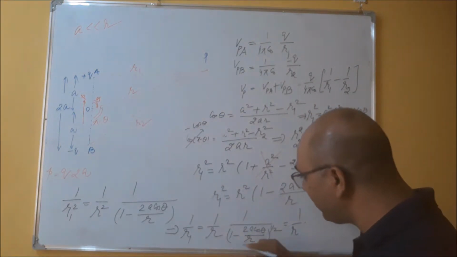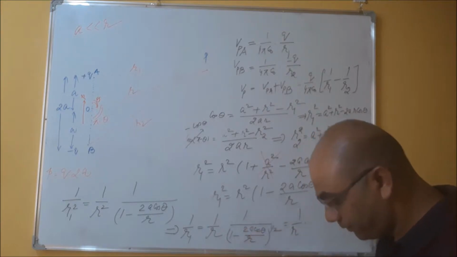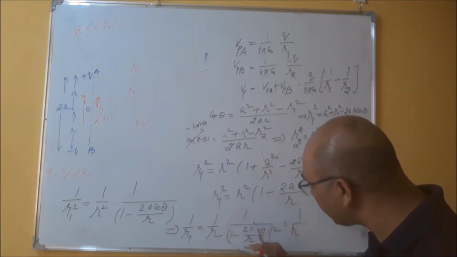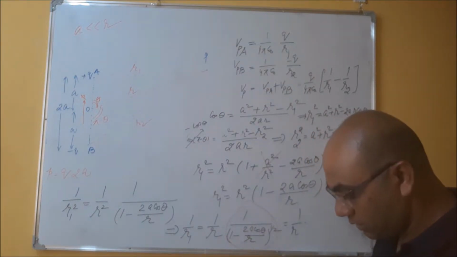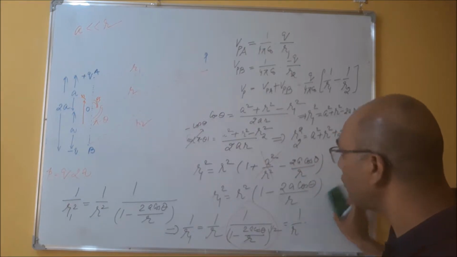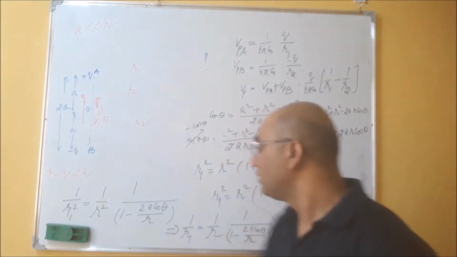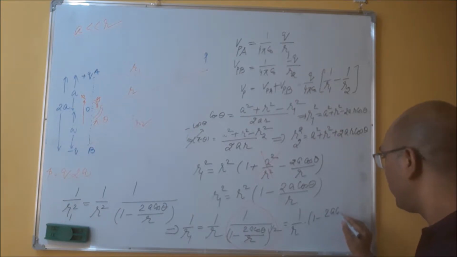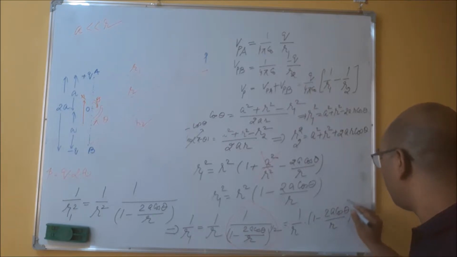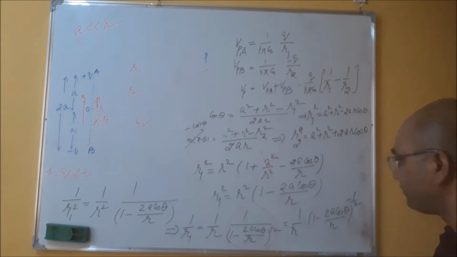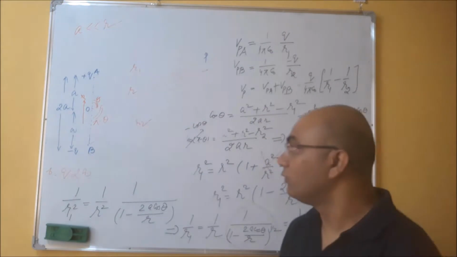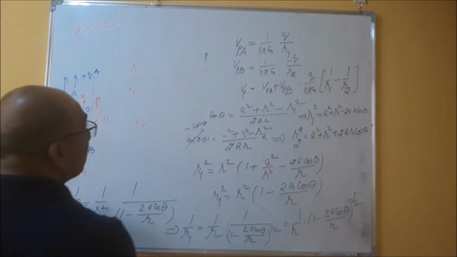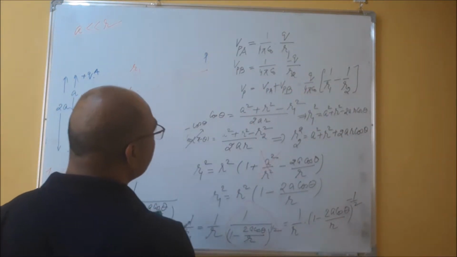I can bring this expression upside, means to the numerator. So what will happen? 1 minus 2A cos theta upon R, the whole power is minus 1 by 2. So finally, what am I getting here now?